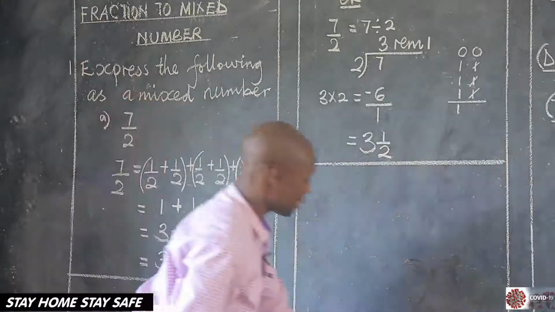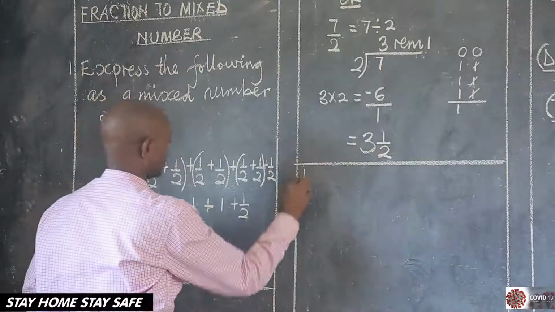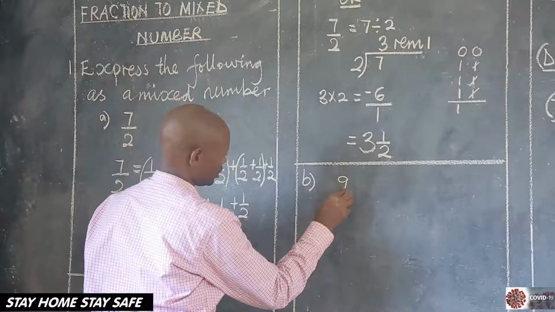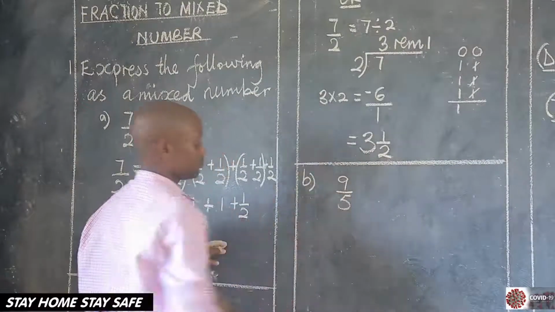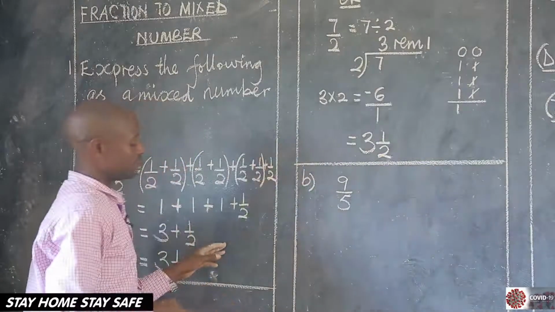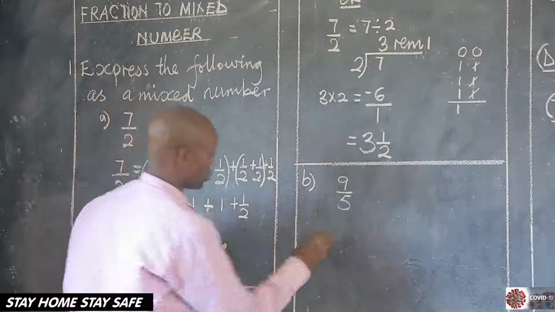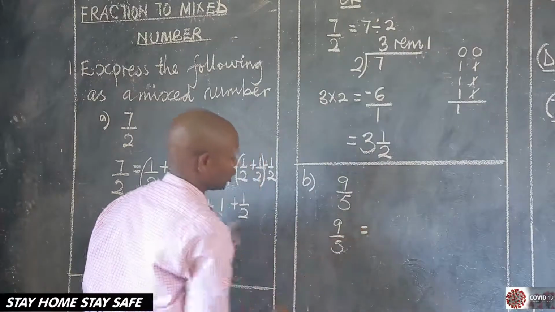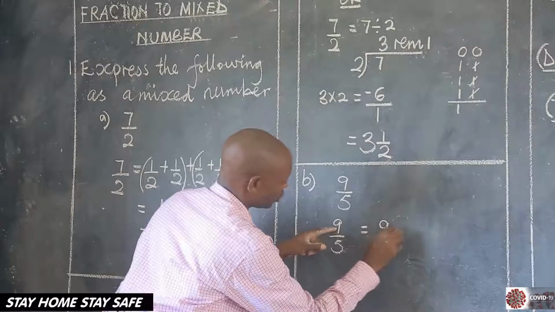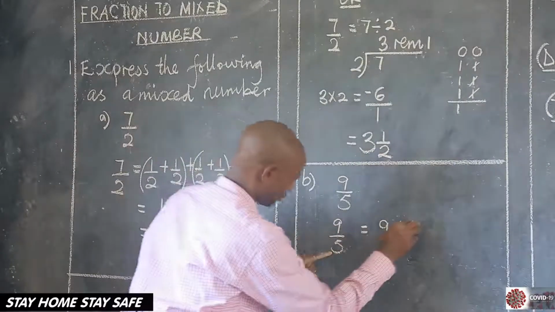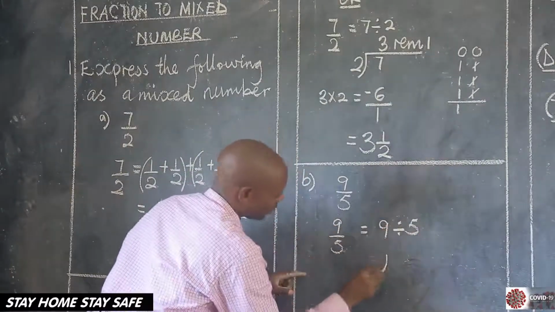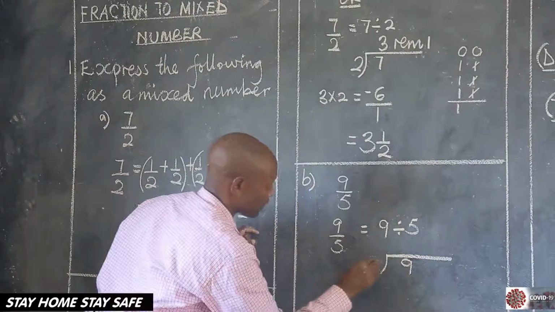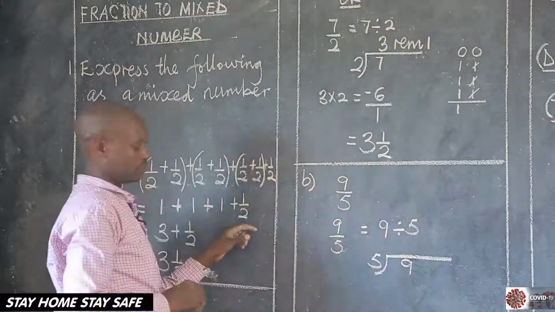Let's have another example. We have 9 out of 5. 9 out of 5 means you get 9, you divide it by 5. Then on our long division, we shall have 9 inside and 5 outside.